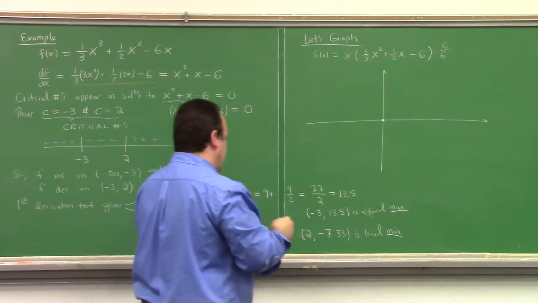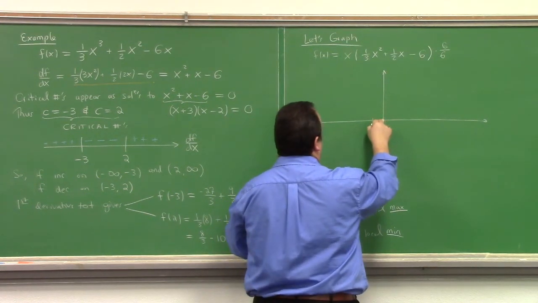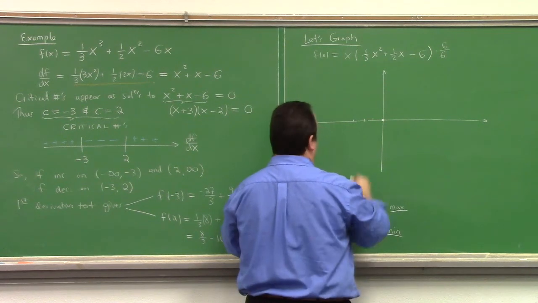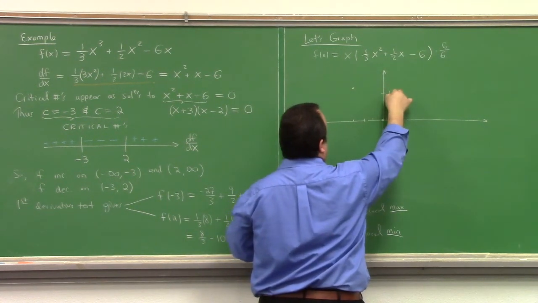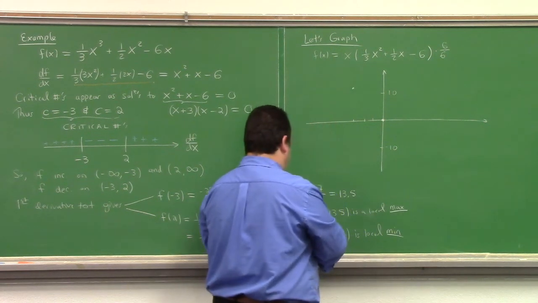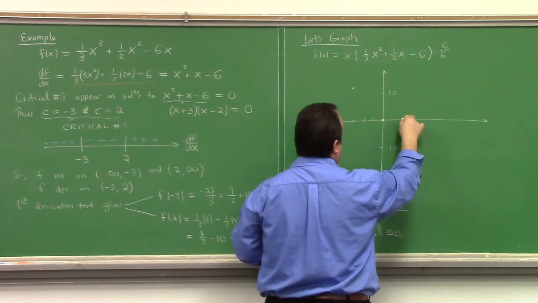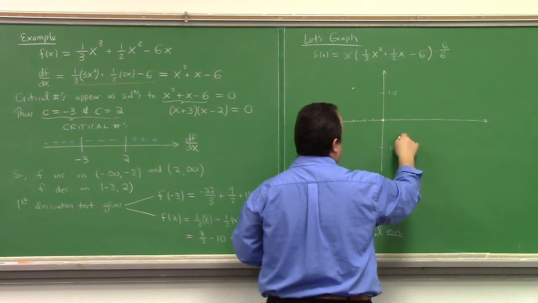We also know there's a local max at minus 3, 13.5, which I'll say is like here. We'll make this 10, make this minus 10. And 2, comma minus 7.33, like here somewhere is a local min.